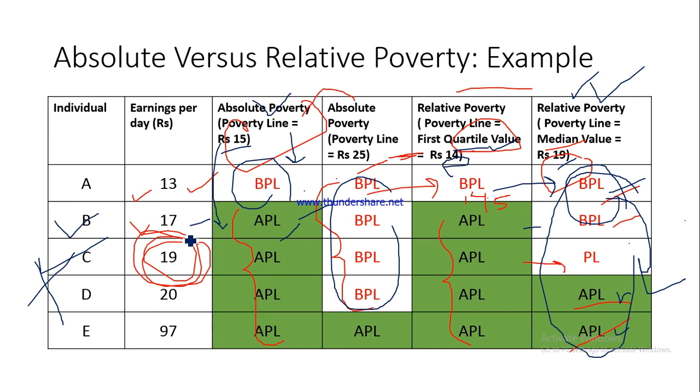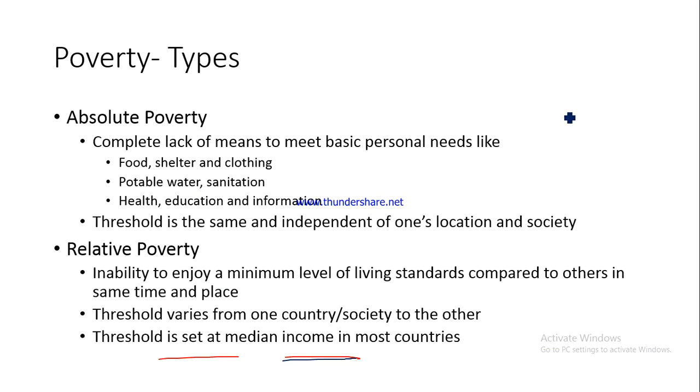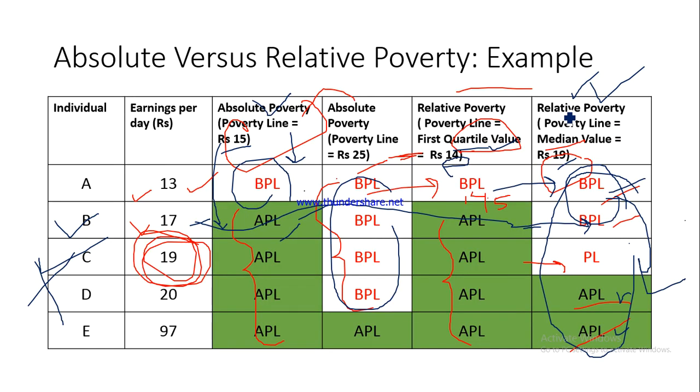But if he is earning 17 rupees, he is able to arrange all these things, but he is still below poverty line. What is the reason? Because he is among the bottom 50%. Fine. So he may be rich enough to arrange food, shelter and clothing for himself, but if you talk about relative poverty, he is still below poverty line. Is that okay? So this is another thing that you need to understand.